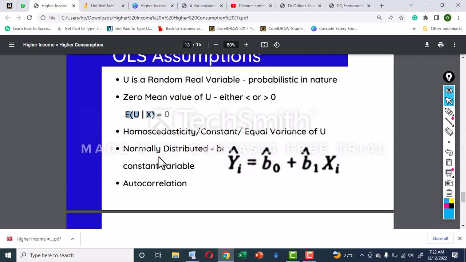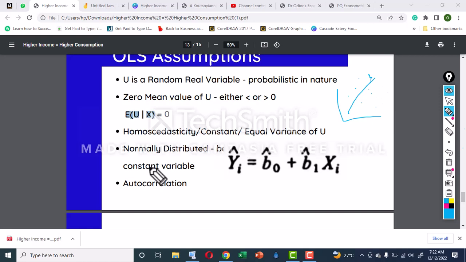So all the points that are not on this regression line, their variances for all these error terms should be constant. That means all of them should have equal variance.